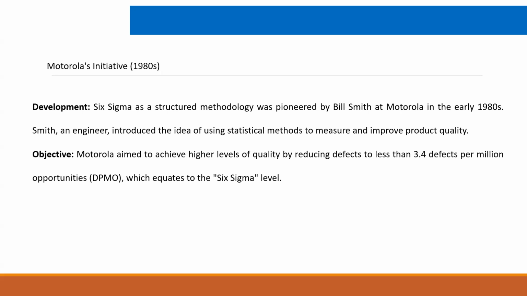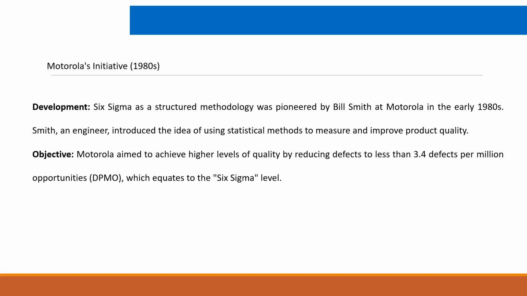Actually, this DPMO methodology has come from there. It was Bill Smith who decided that we would do some statistical calculation, and in that calculation, we believe our defects should reach less than 3.4 defects per million opportunities, which equates to the Six Sigma level.